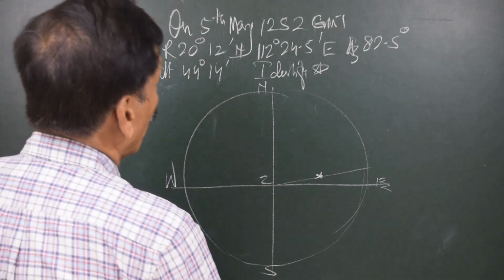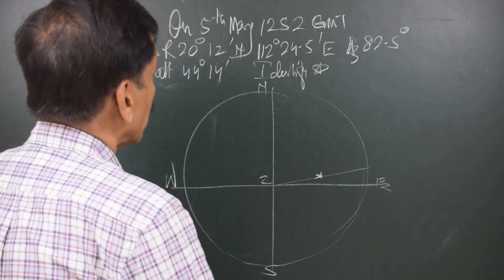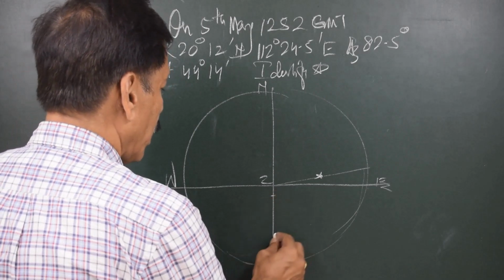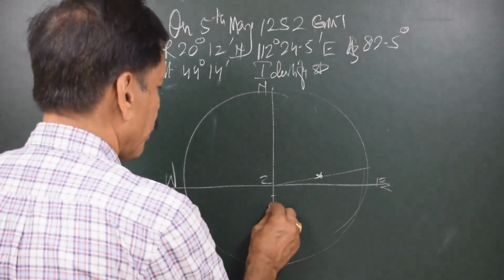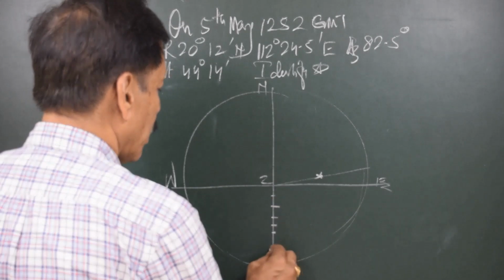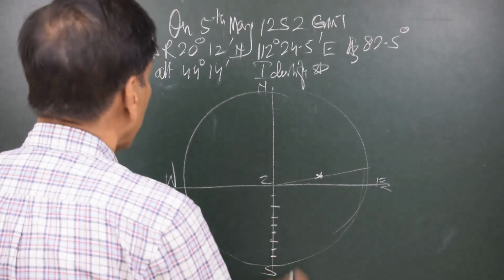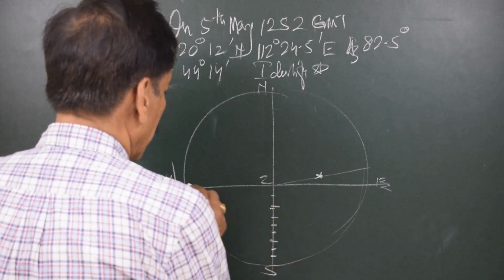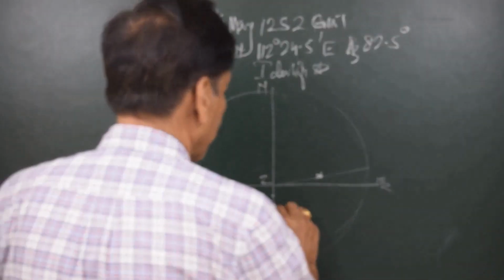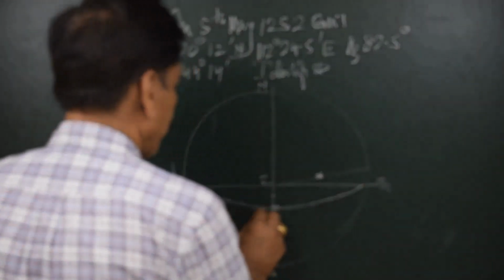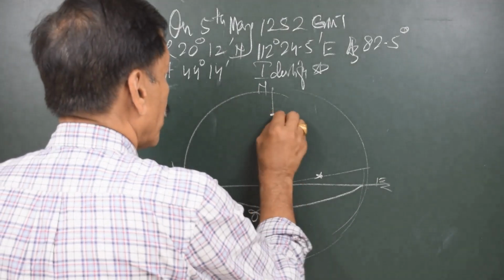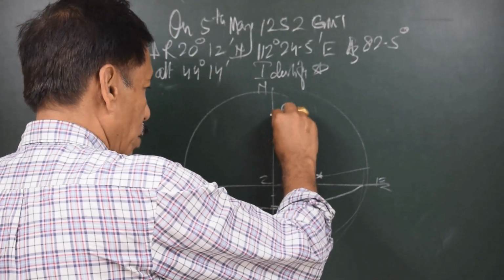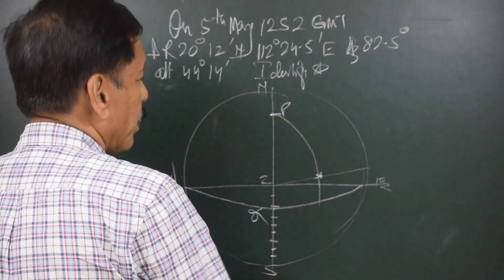The latitude of the observer is about 20 degrees 12 minutes. So if I divide this part into 9 segments, around here the equinoctial would come. So the north celestial pole would be here. So we can draw the observer's meridian.